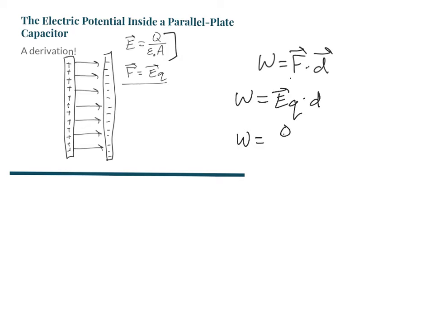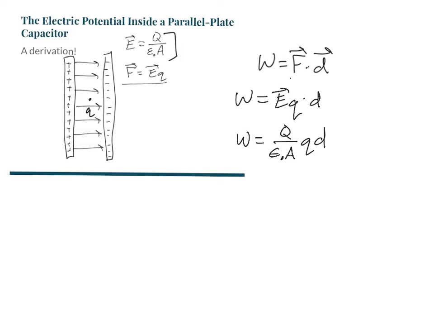We'll do charge on the plate divided by permittivity of free space times area, times Q of the charge. We'll go ahead and draw the charge in there, random charge, times Q of the charge in there times D, which is the distance the charge moves.